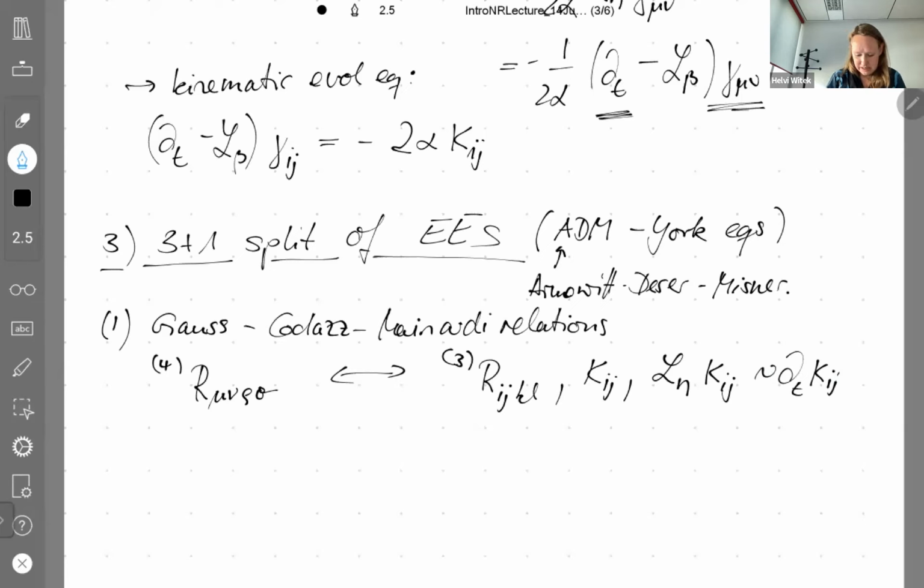Good. Now, what we will do next, I'm skipping the part where I'm also splitting the energy momentum tensor in the interest of time. So let's just decompose now the field equations. Actually, not decompose, I should call this a projection, because this is really what we do.